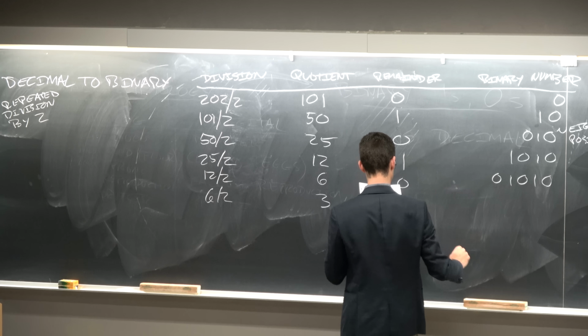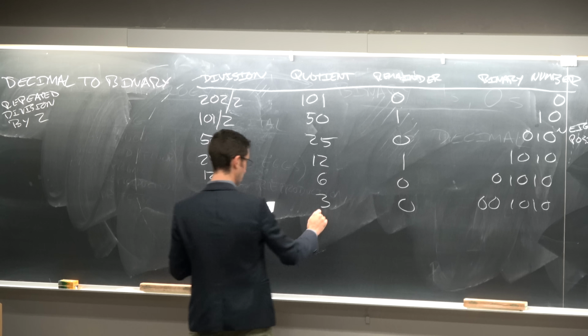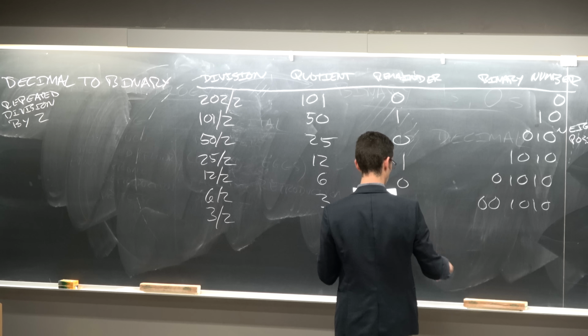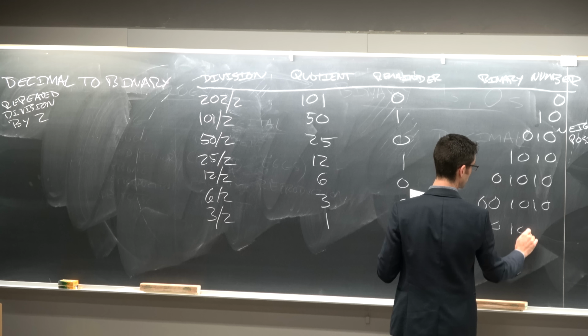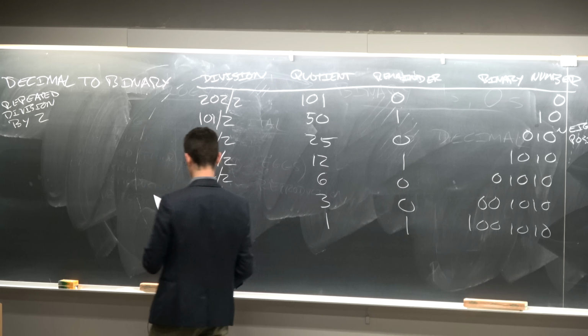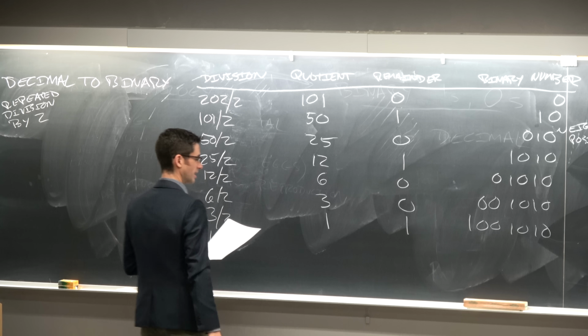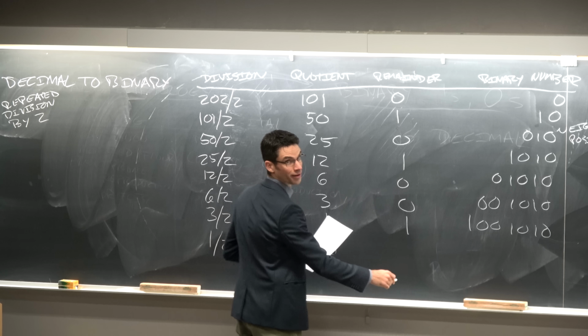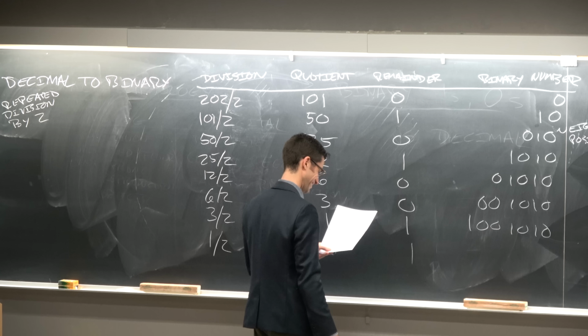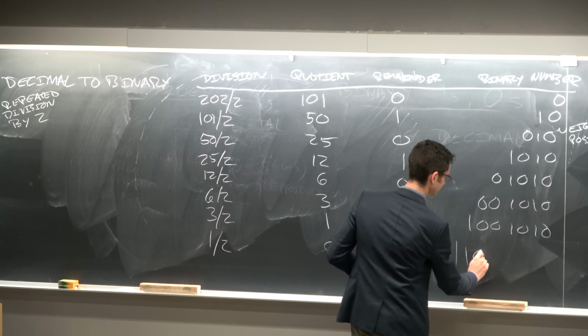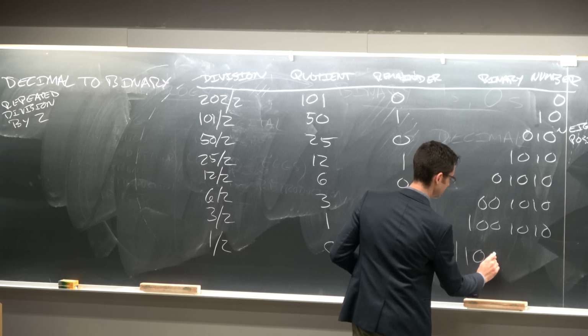This is fun, right? Almost there. 3 divided by 2, 1, remainder 1, 1, 0, 0, 1, 0, 1, 0. 1 divided by 2. I had to look this up. That's 0, remainder 1. It's 1, 1, 0, 0, 1, 0, 1, 0. Because I hadn't worked with remainders in a while. Okay, so like magic, we reproduce the 1, 1, 0, 0, 1, 0, 1, 0.